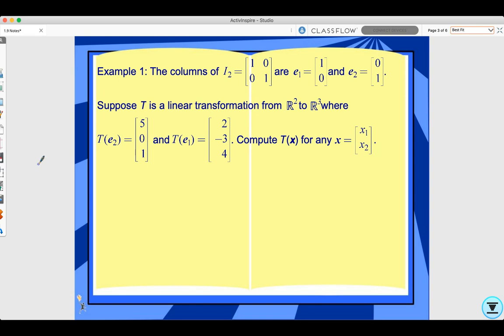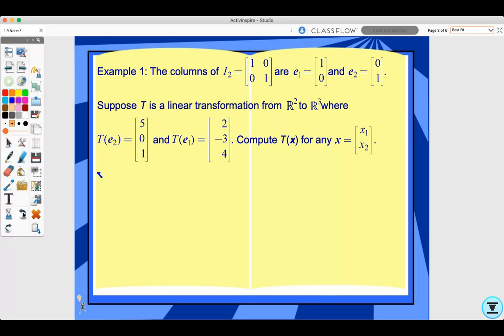So x in R2 can be written as this. And we know that e1 and e2 are these.